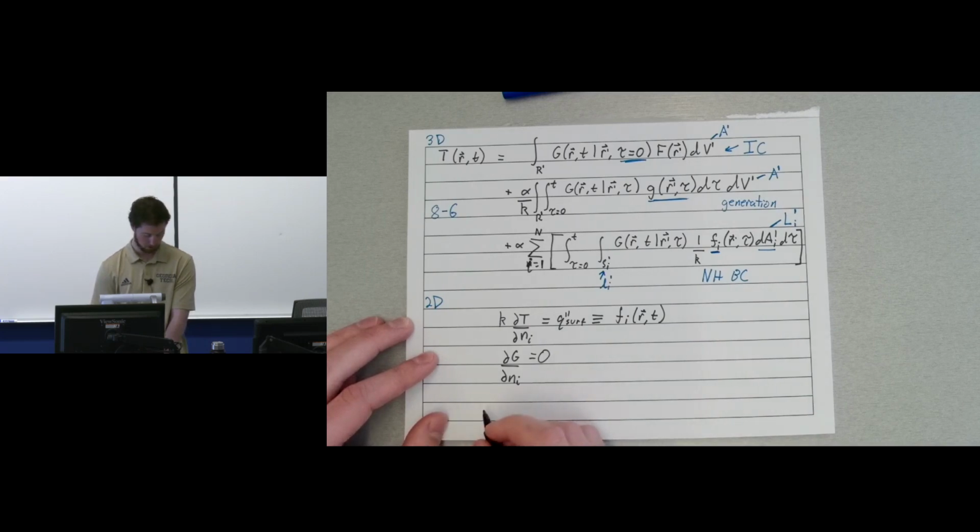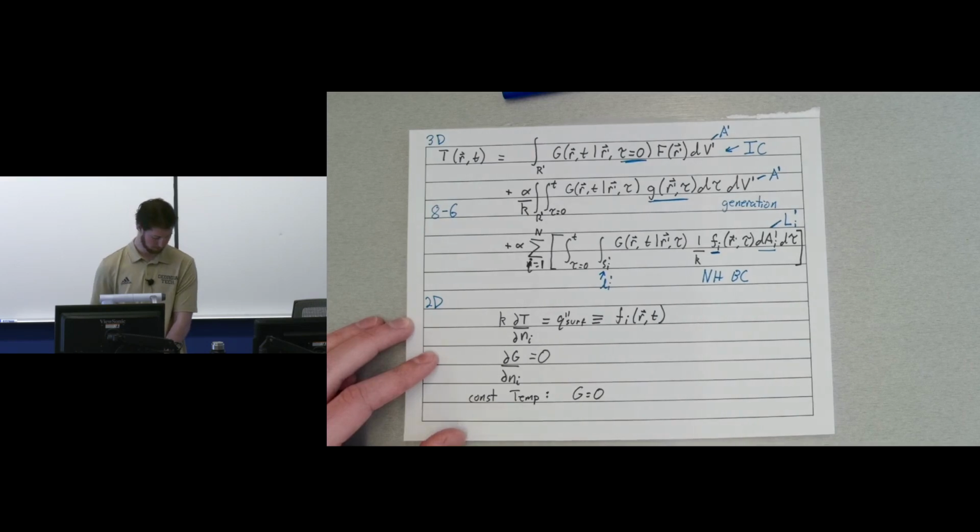And then for a constant temperature, we're going to say G equals 0. And then the last one will be for convection.